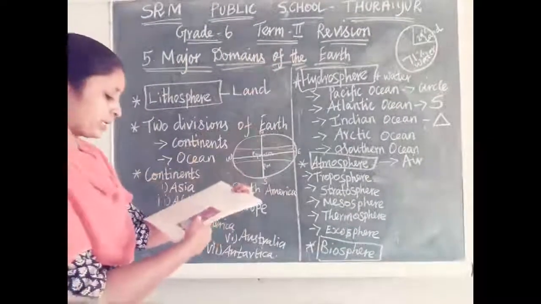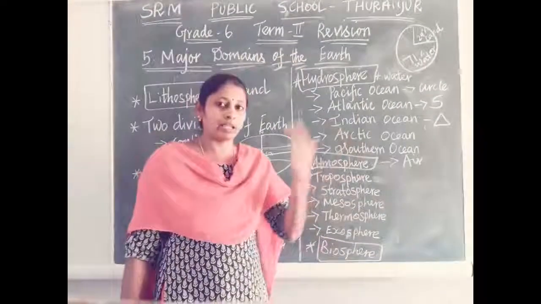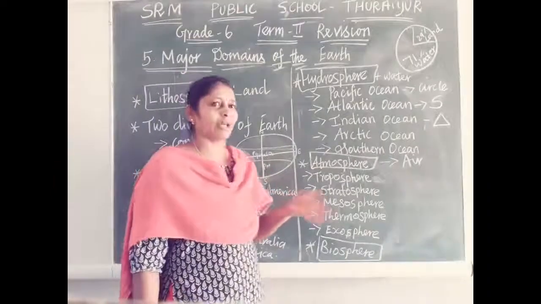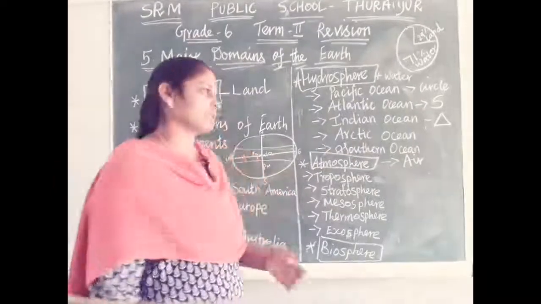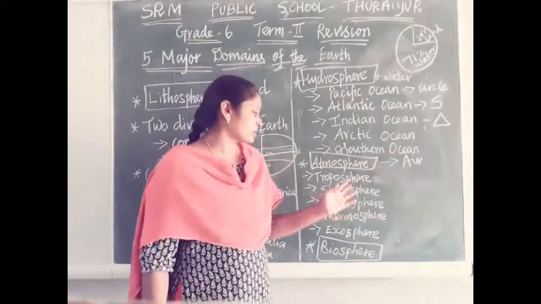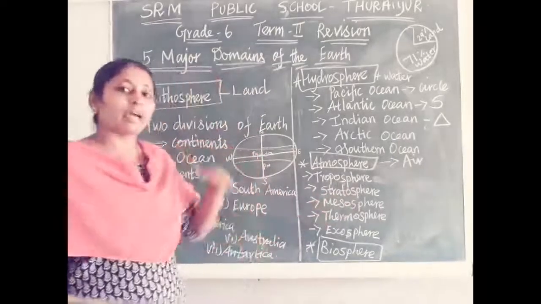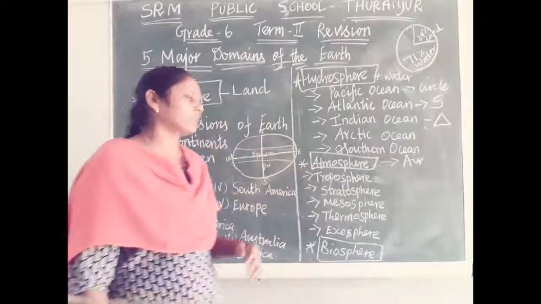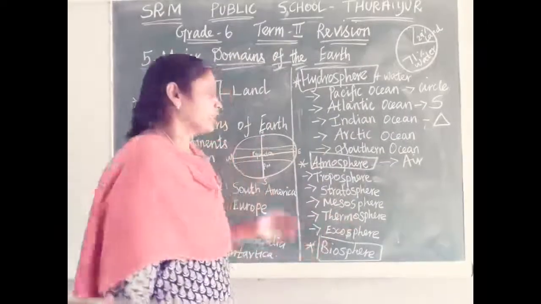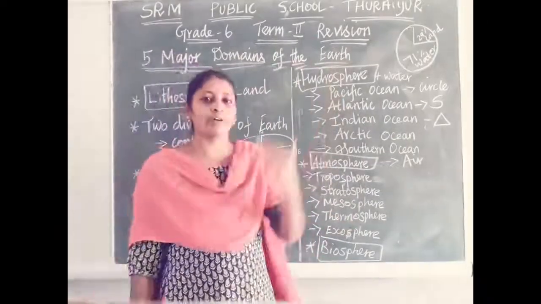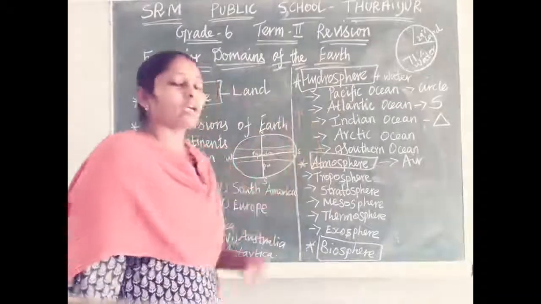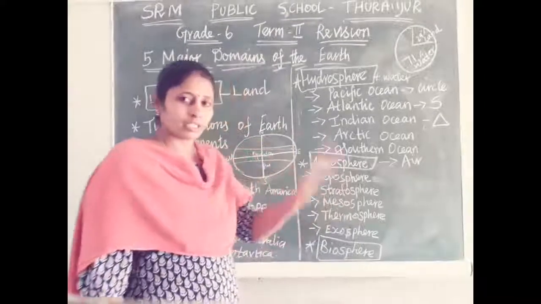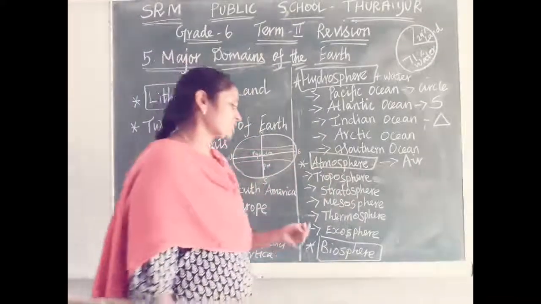The troposphere is where we live, where oxygen is present; human beings, plants, and animals live in this layer. In the stratosphere, the aeroplanes fly. In the mesosphere, when asteroids and meteorites come toward our earth, this layer protects our earth from those natural disasters.